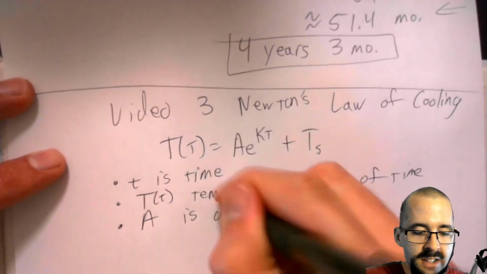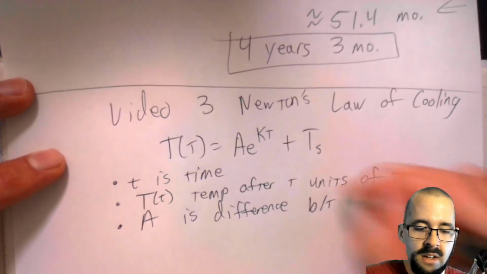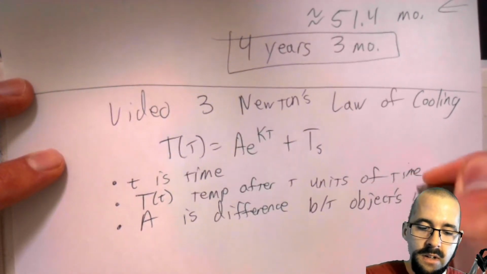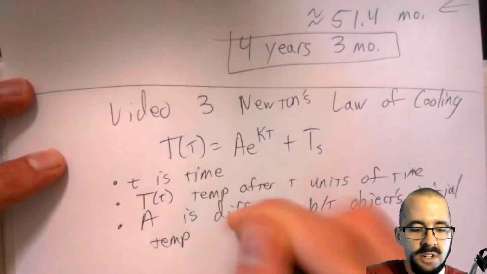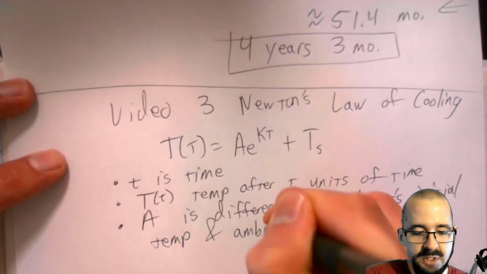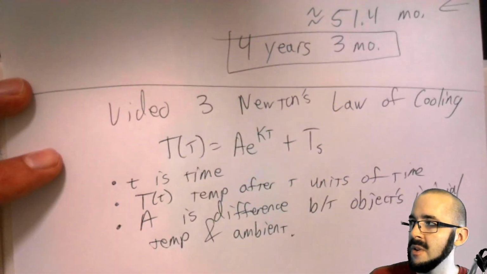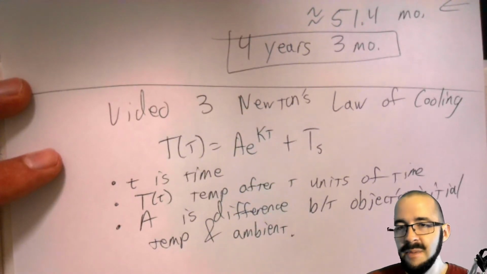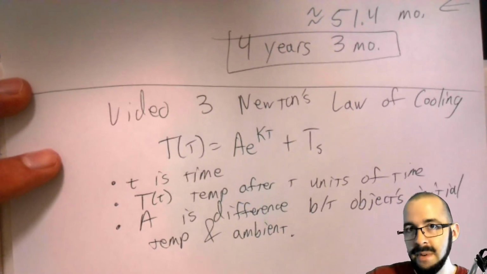A is going to be the difference between the object's initial temperature and ambient temperature. And again, it's called Newton's law of cooling, but it could also be called Newton's law of heating. If I take something out of the fridge and put it in the room, it will warm up.